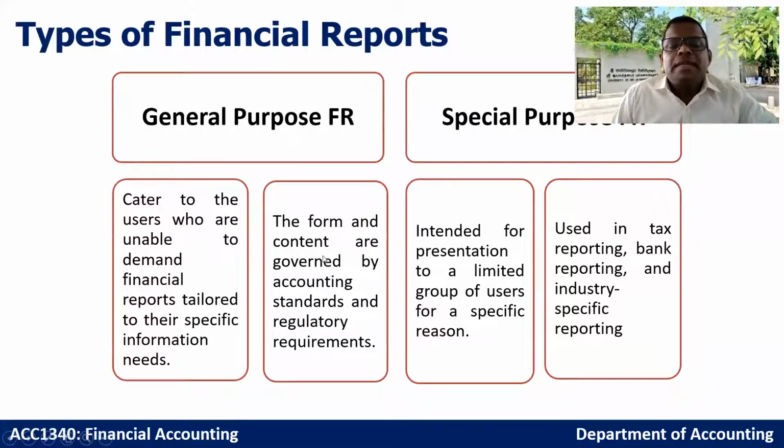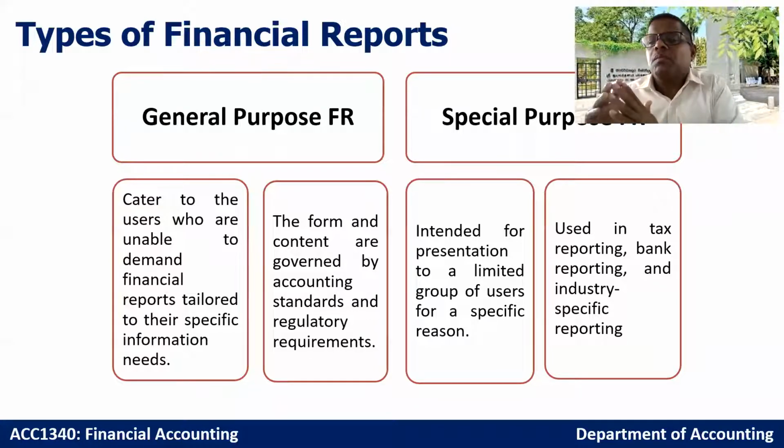The form and content of general purpose reports are governed by accounting standards and regulatory requirements. General purpose financial statements are introduced not for a specific group but for a group of people, a common financial statement. But when you prepare a special purpose financial statement, you prepare it for a specific group.